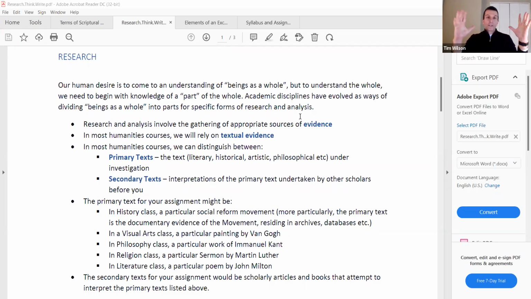You can't just go about knowing everything. To understand the whole, we have to understand the parts of the whole. And so academic disciplines, we could say, have arisen as a way of increasingly trying to divide up that pie into manageable slices that humans can digest in a lifetime, so to speak.